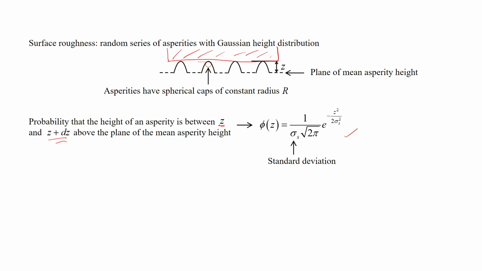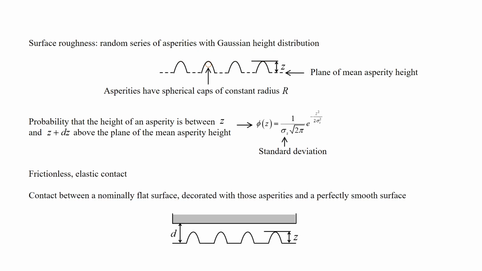Now we bring in contact a flat surface, and we consider only frictionless and elastic contact. Let us say that D is the gap between this datum surface and this contacting flat surface, and Z is the height of the asperity.